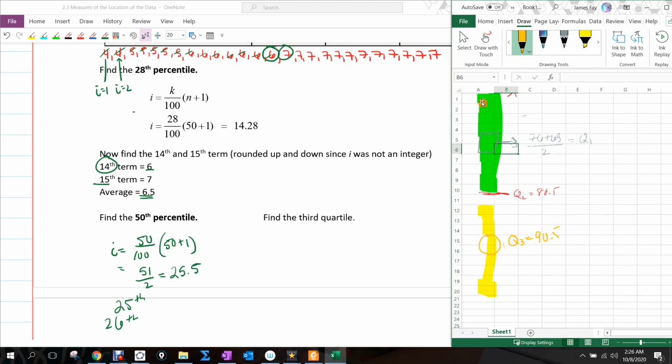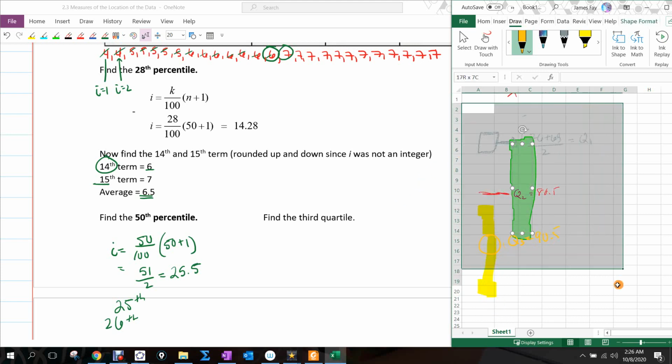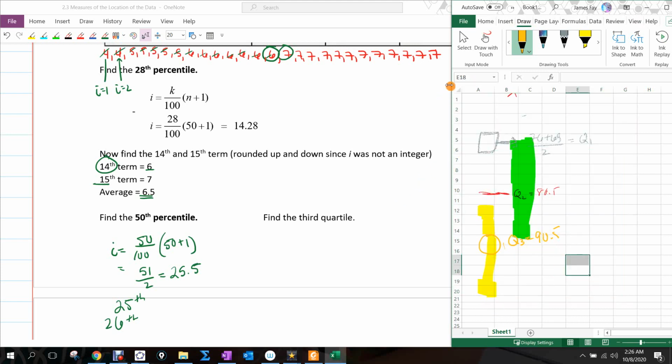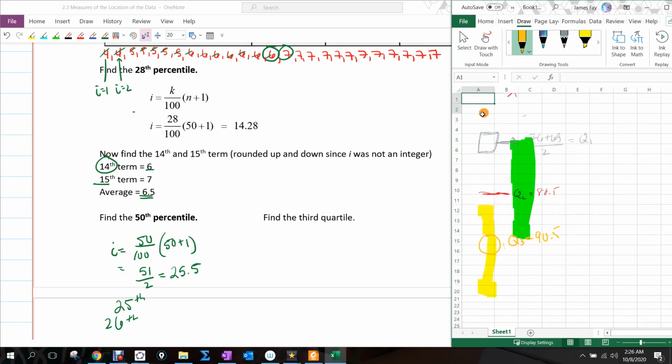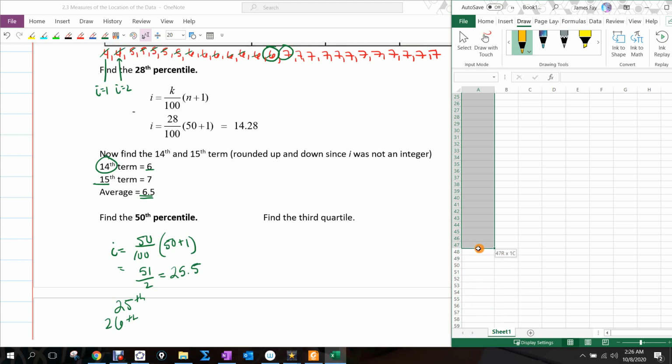I was hoping I could see 50 terms here, but it's going to be kind of ugly to do that. But if I had 50 terms written out here, I can at least highlight up to 50 terms.